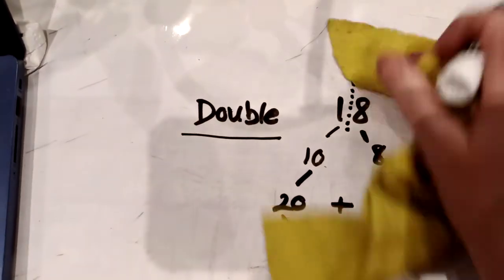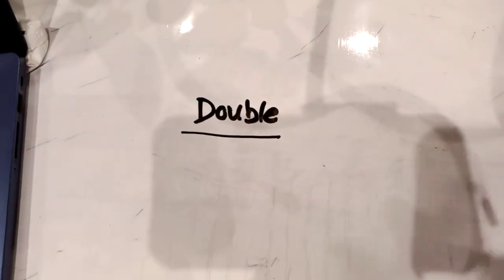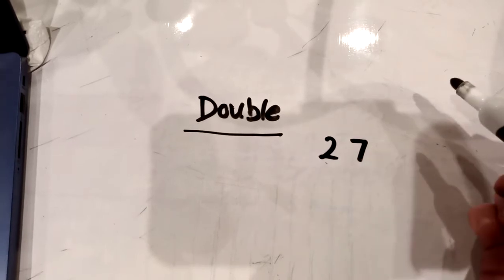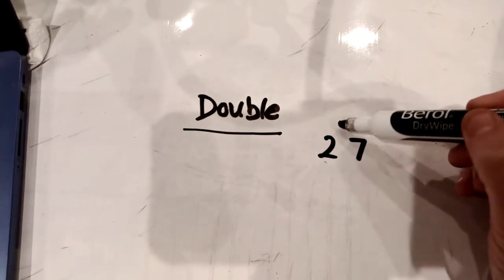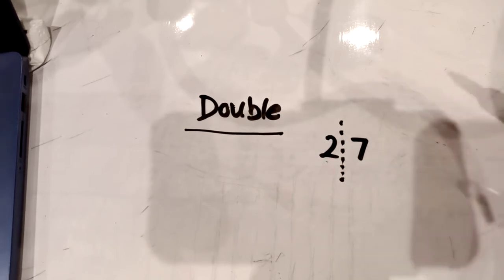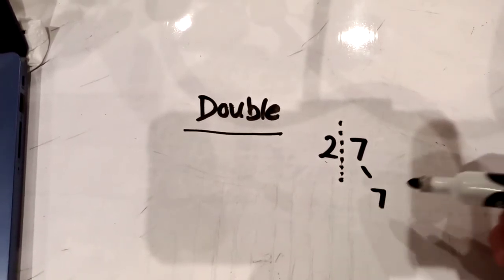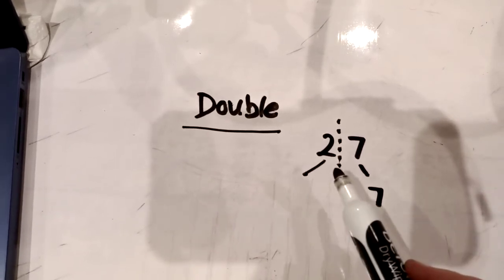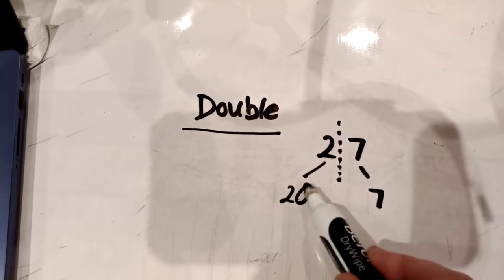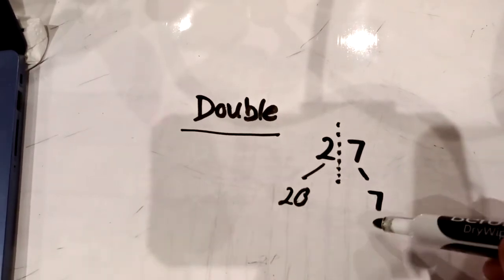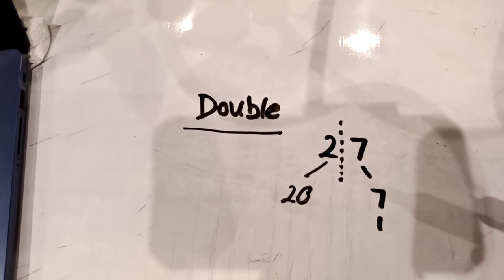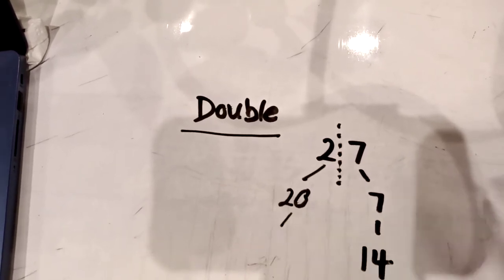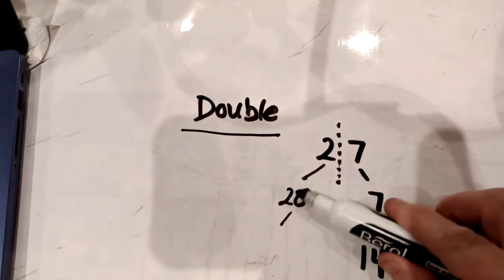Let's have a go at another one. Let's double 27. First step is to partition it. That is a 7, and that looks like a 2, but it's not, it's 20, and we're doubling, aren't we? So we've got to double. What's double 7? Double 7 is 14. What's double 20? Well, what's double 2?